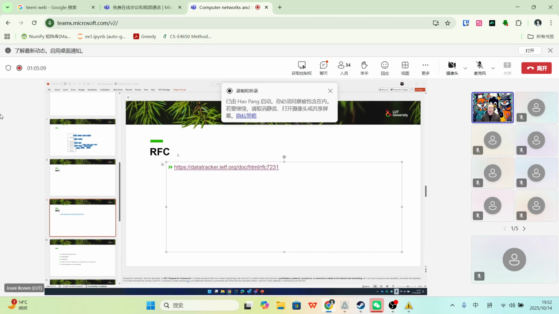They were originally requests for comments really, but nowadays internet standards are all RFCs. So for example, hypertext transfer protocol semantics and content is one of them, or FTP, file transfer protocol, mail transfer protocol. They are all standards.